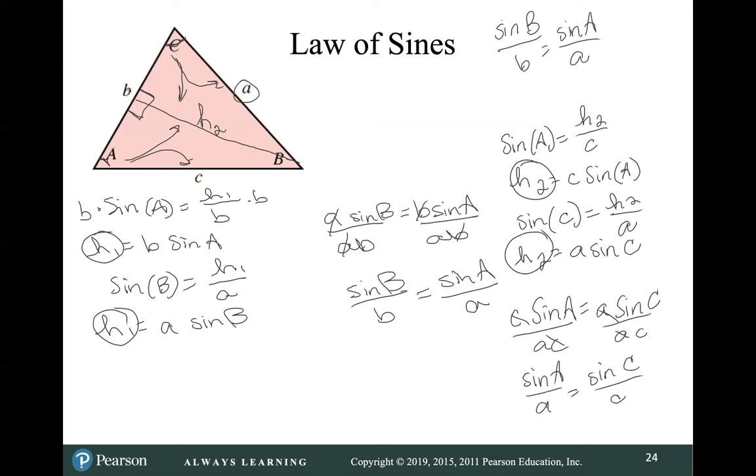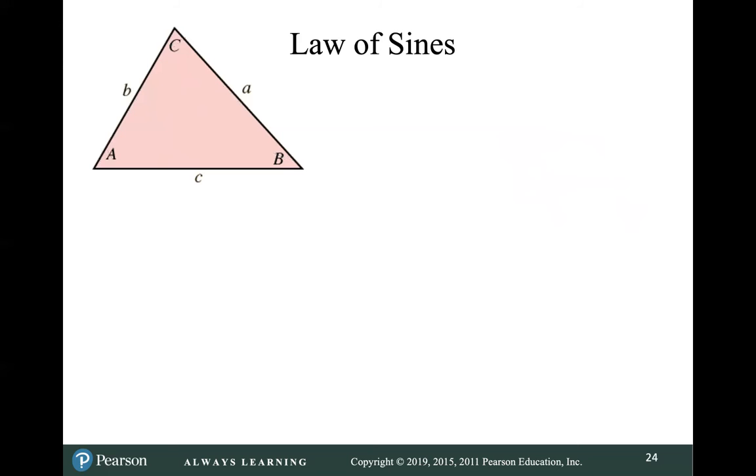So this A is the same in what we found first and what we found second, and angle A is the same. So I can actually extend my equation up at the top to include the ratio of sine of angle C divided by side length C. And that is the law of sines.